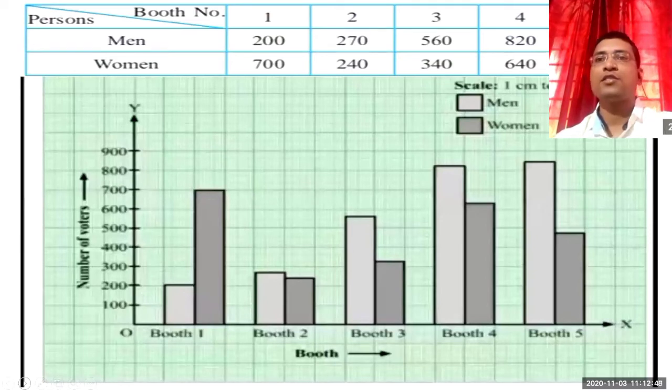The white bar is drawn till 850 and the women's bar is drawn till 470. It means 470 women came to vote on booth number 5, and 850 men came, which is the highest number of votes on booth number 5. In this way we can draw a joint bar graph. Look at the next question.